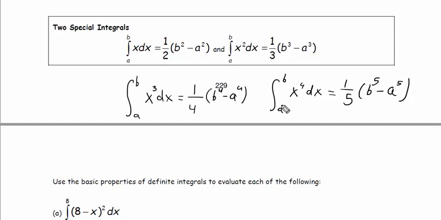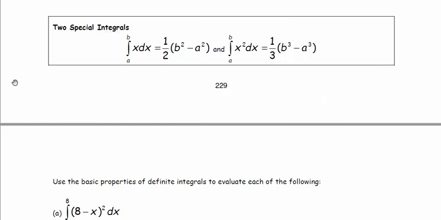Alright. So if this is a 4 here, then the pattern was these become 5s. If this was a 3 here, the pattern is these become 4s. And if this is a 2 here, the pattern is these become 3s. So these are two special integrals here, 1, 2, but the pattern continues.